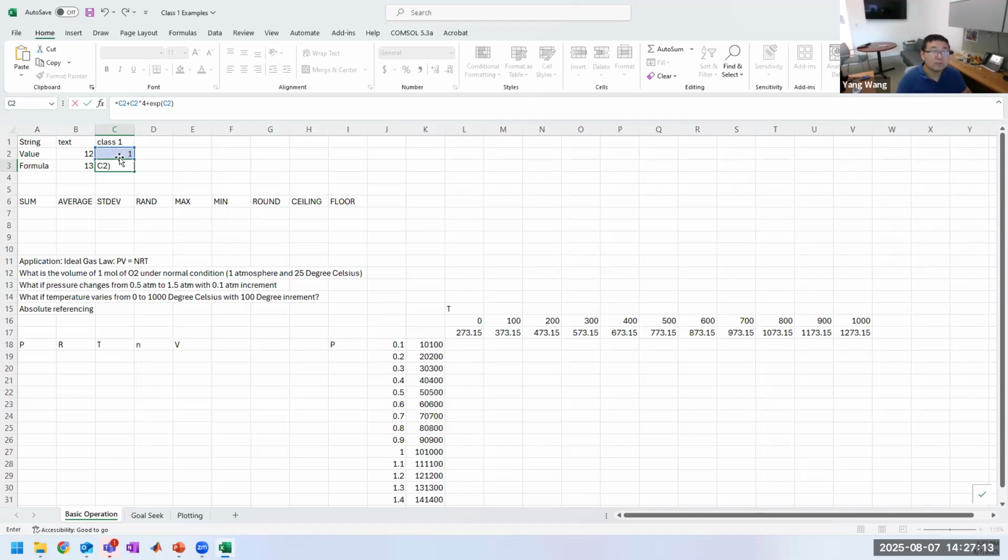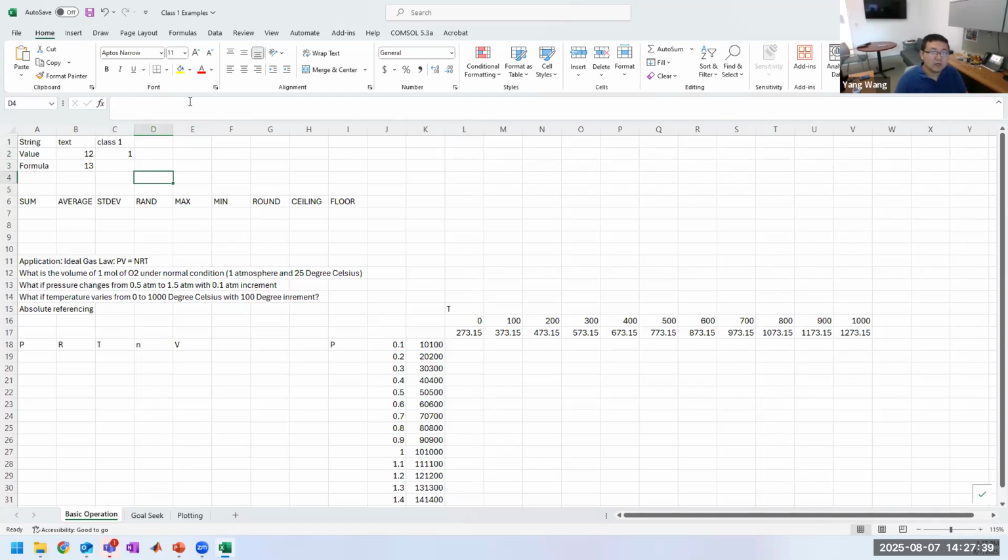That's basically e to the power of x; exp of something is e to the power of x, and this is defined in Excel. As you can see, when I type in this one, it's recognized as a string, so that's why it's aligned to the left. Here we're talking about different functions.